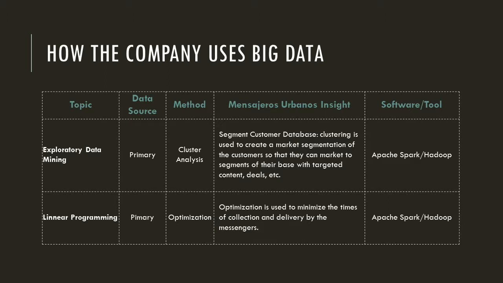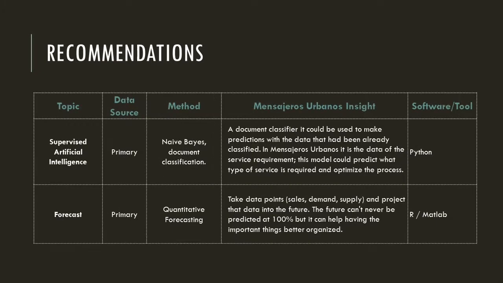Optimization modeling. Optimization is the practice of mathematically formulating a business problem and then solving that mathematical representation for the best solution. In Mensajeros Urbanos, this technique is used to minimize the times of collection and delivery of the service by transforming the messengers' transactional data. Artificial intelligence model.